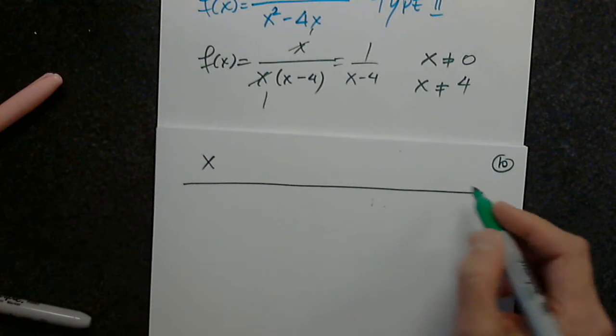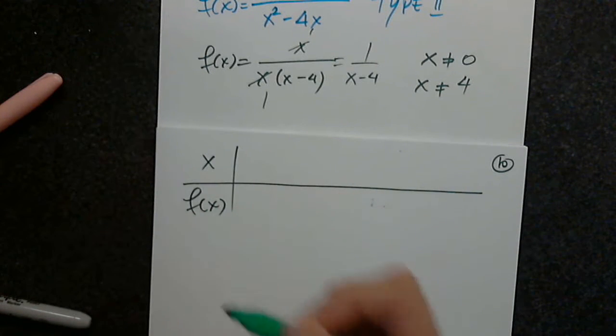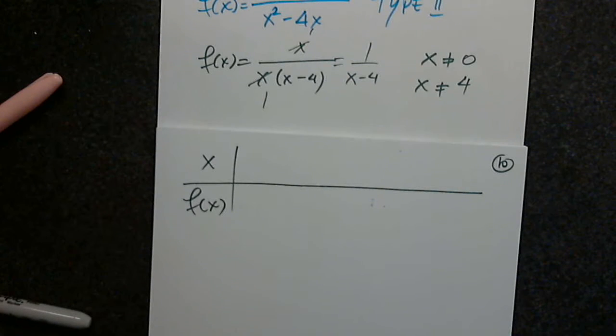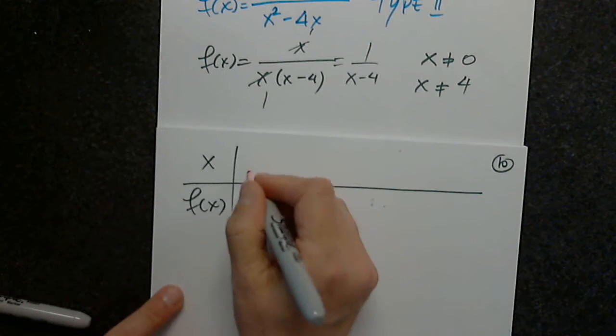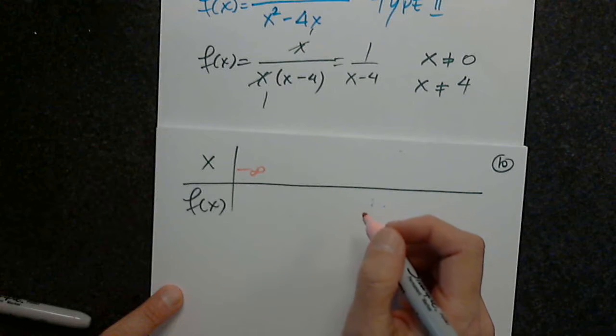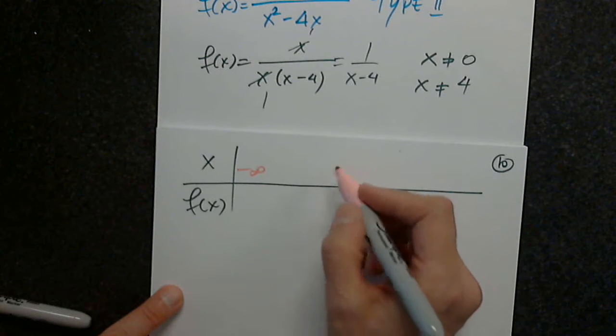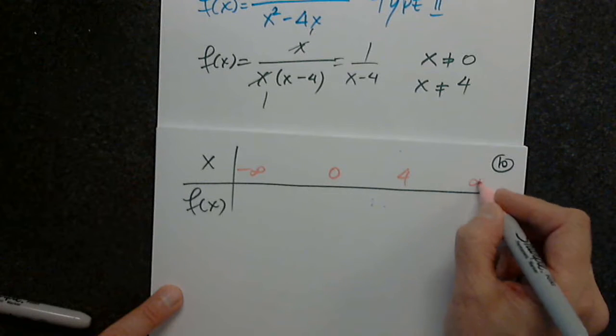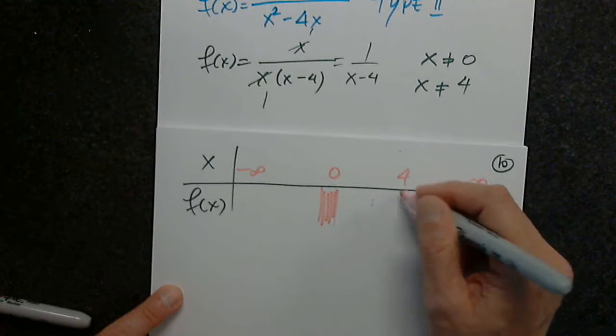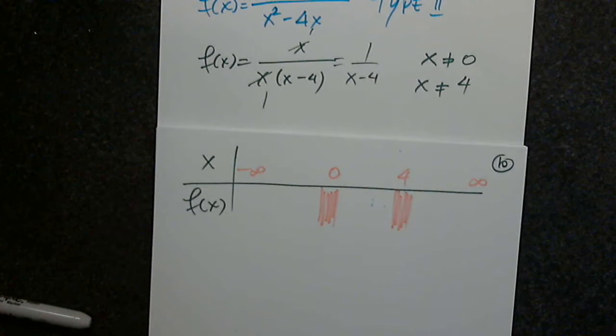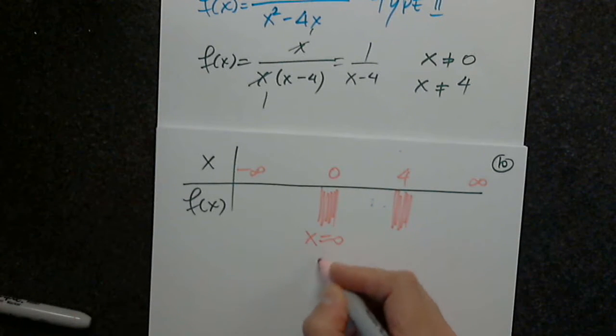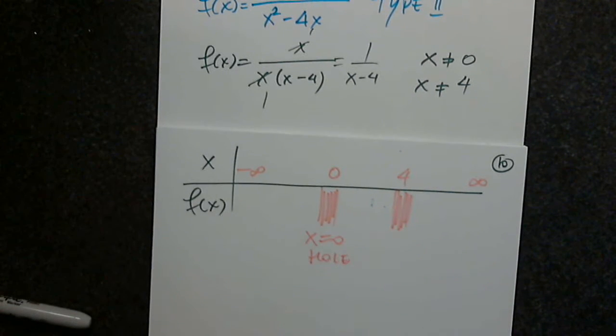Let's start a table. What is the domain of this function? The original function, of course. So look at the hole. Yes. So 0 and 4 and infinity. The factor x equals 0 will be a hole because it went away.